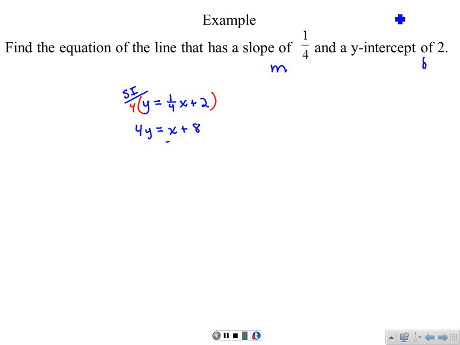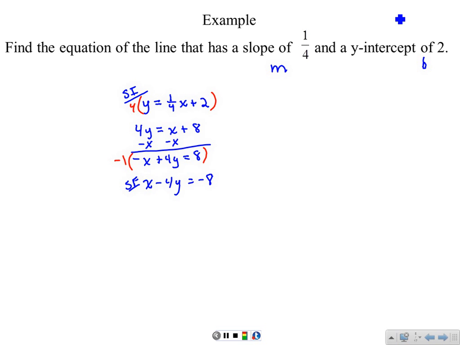Now I need to subtract x from both sides to get our x and y on the same side. So we have negative x plus 4y is equal to 8. And then I need my leading coefficient to be positive, so I'm going to multiply through by negative 1. So I'll have x minus 4y is equal to negative 8. And this would be standard form.